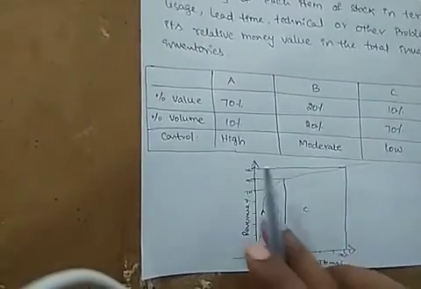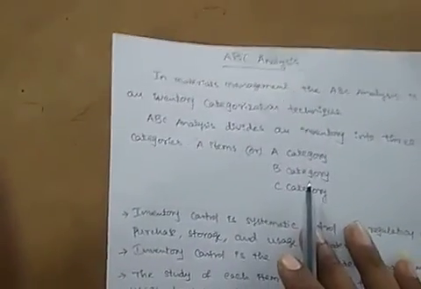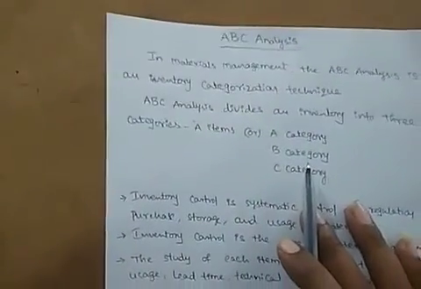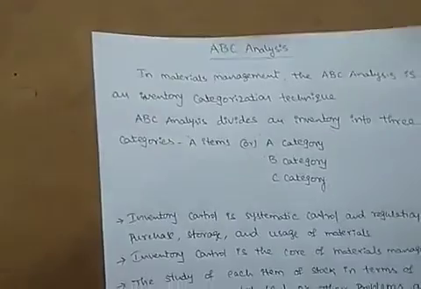So these are the A category, B category and C category. The topic here is ABC analysis, which relates to the categorization of materials in an organization, that is the A category, B category and C category. Okay, thank you very much.